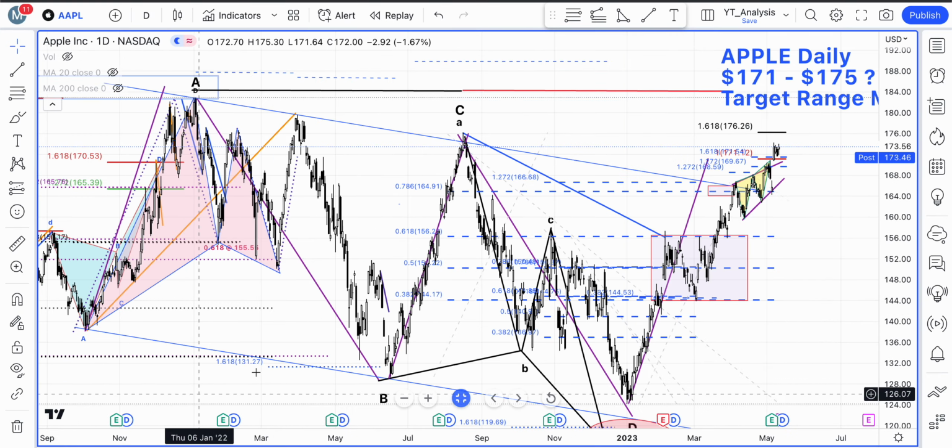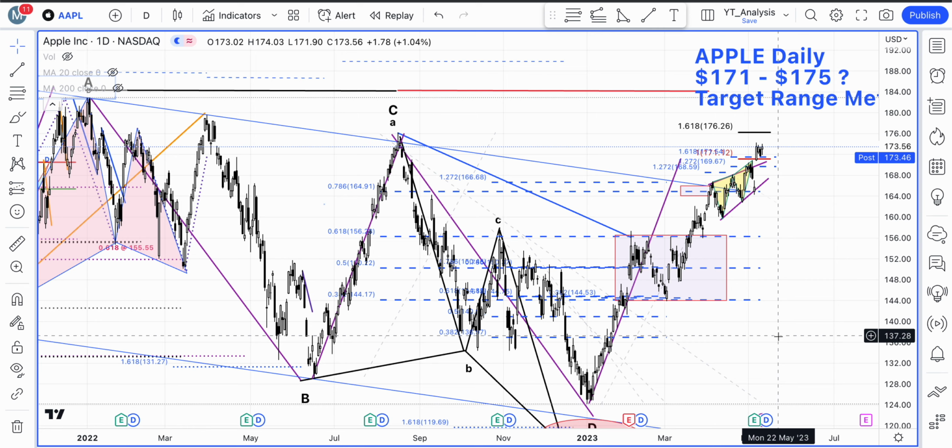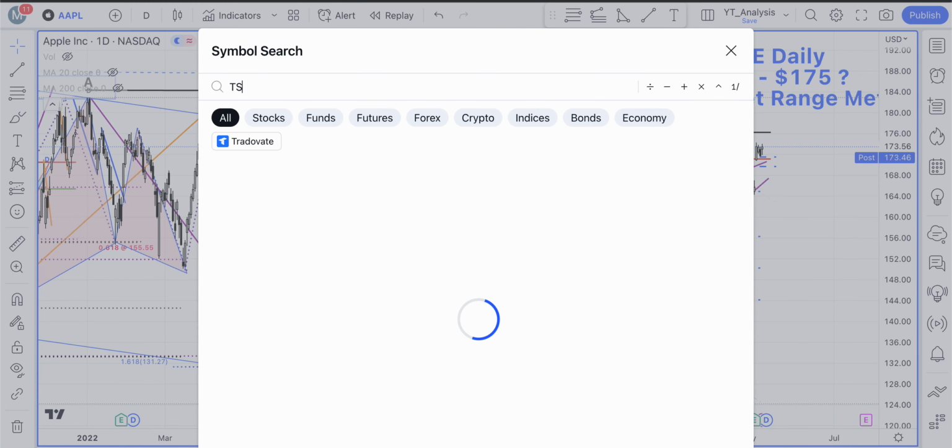Okay, let's get back to the daily chart, and now we are going to take a look at Tesla.